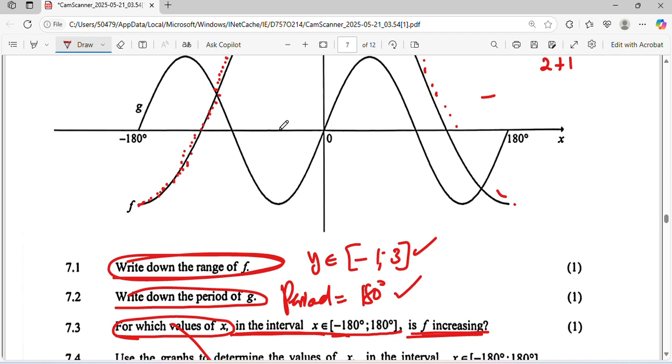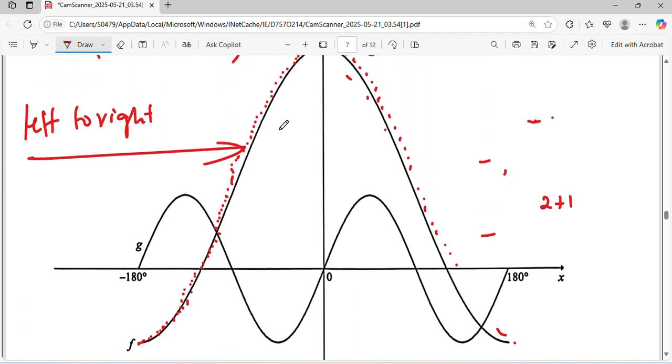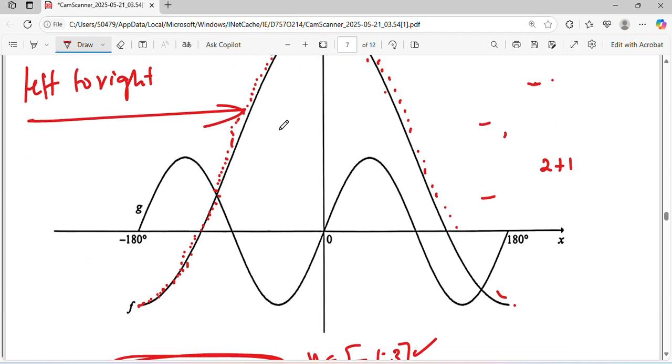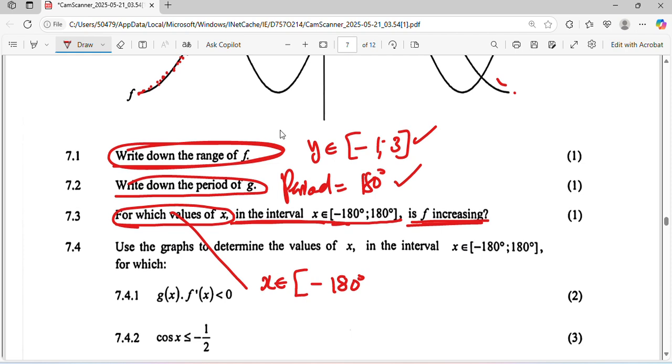And one thing, if they say where is this function increasing, and they just say increasing, you can include, because they did in the exam. If you look at the memos, if they just use the word increasing, even if you include or you don't include, you will be marked correct.